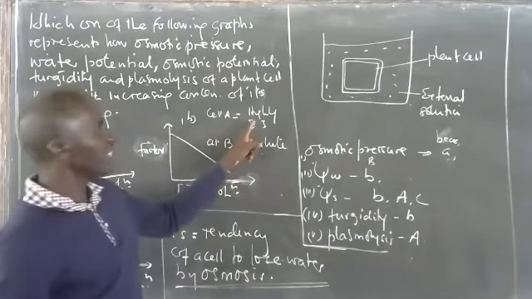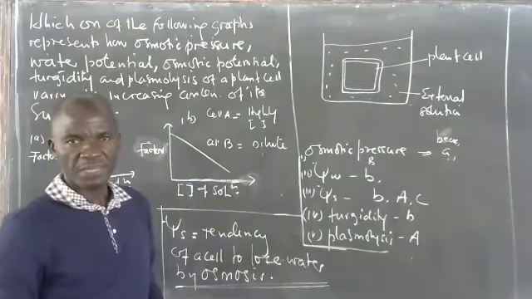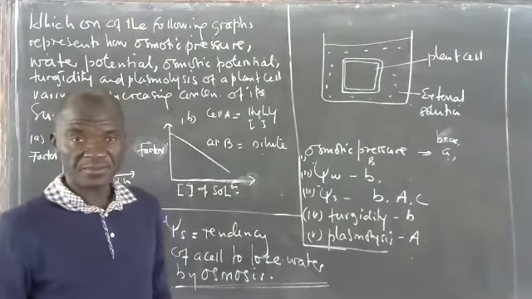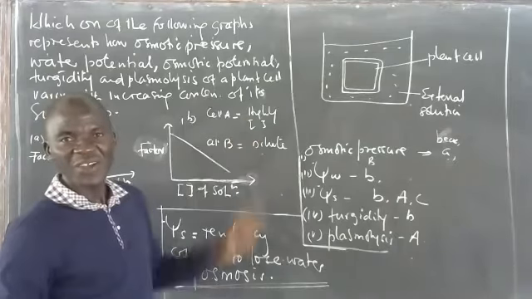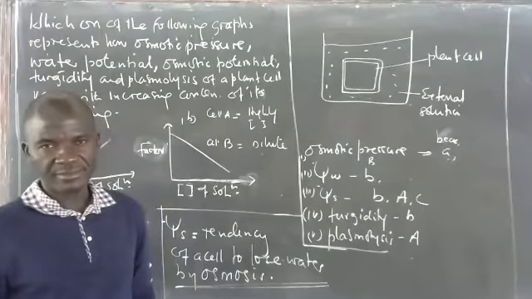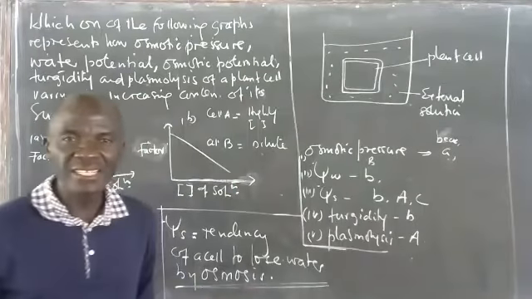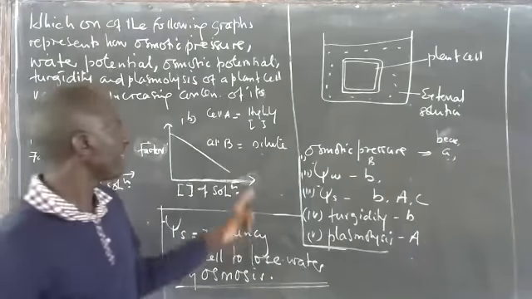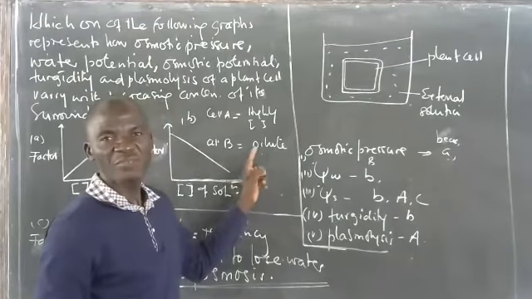This cell A, which is highly concentrated, will have a very low solute potential, osmotic potential. But this one, which is dilute, will have a very high solute potential. But this one with the high solute potential will have a very low pressure potential.